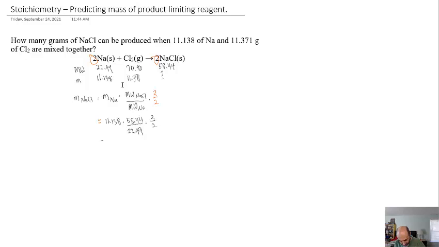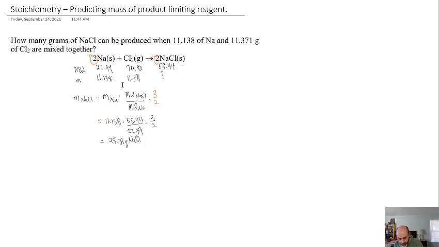Do the math for that, and we find that we have 28.31 grams of sodium chloride would be produced if sodium is the limiting reagent.